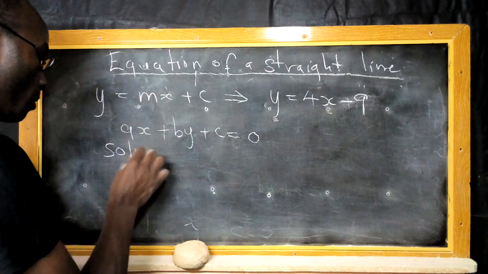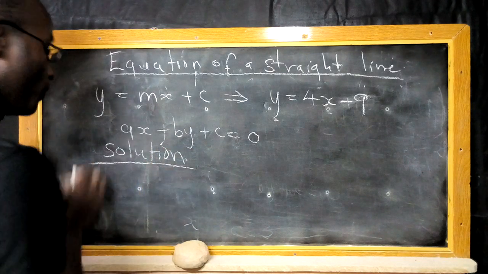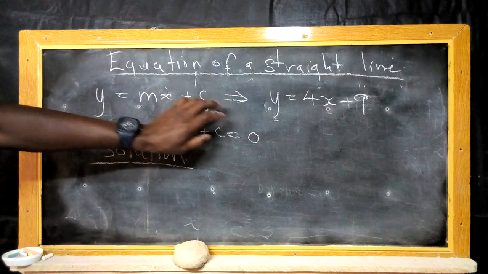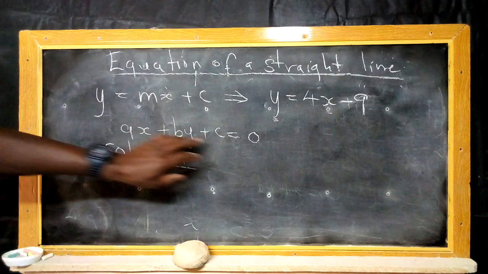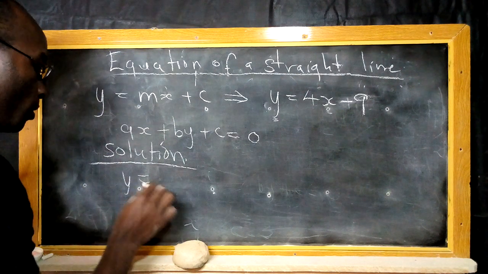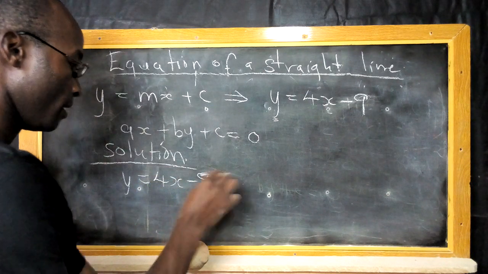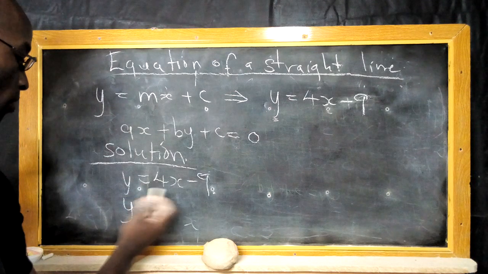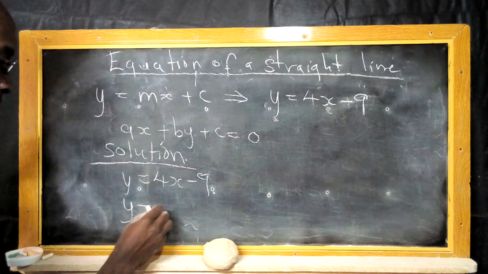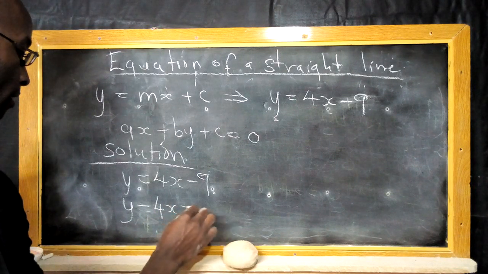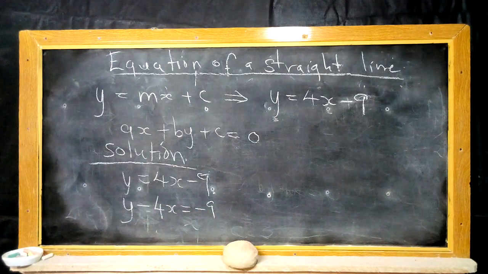Okay, this is the solution. If you are told to express the equation which is in the form y = mx + c in terms of this representation, then we can just do a rearrangement. If y = 4x - 9, we can take this part of the equation to the other side, and it will become negative: y - 4x = -9.